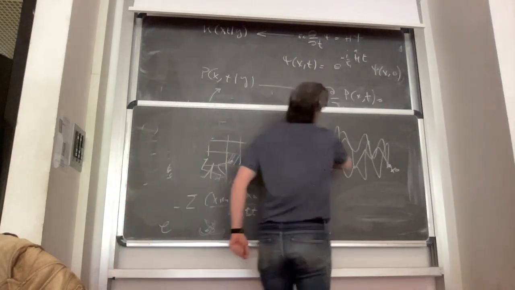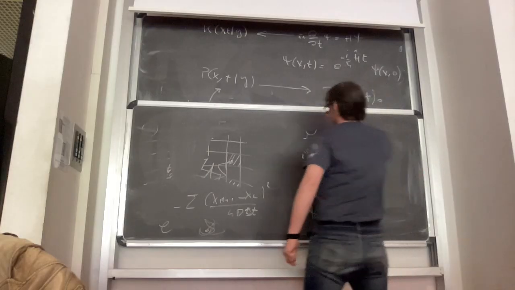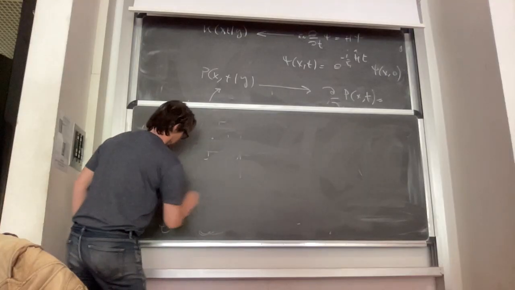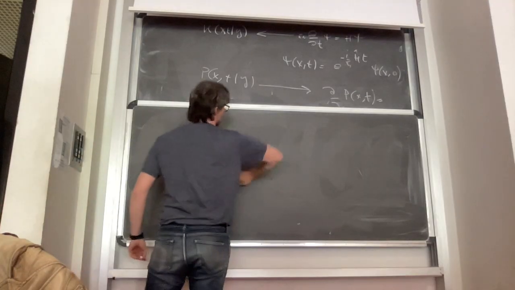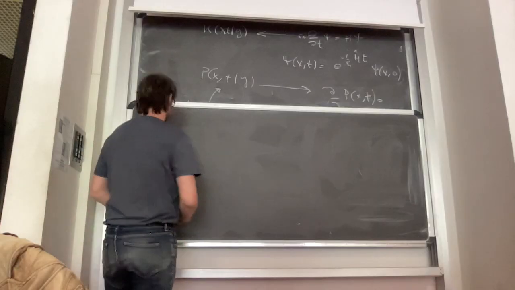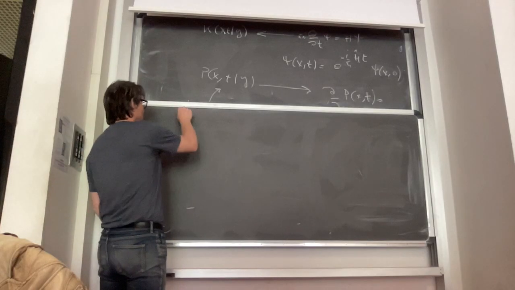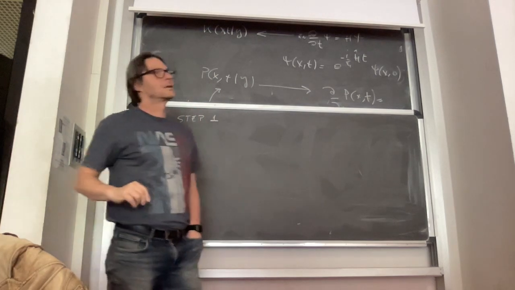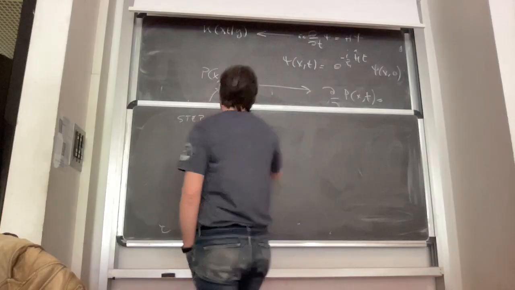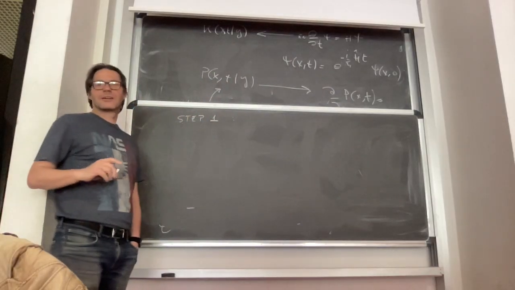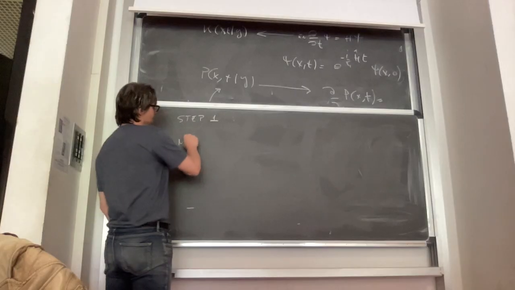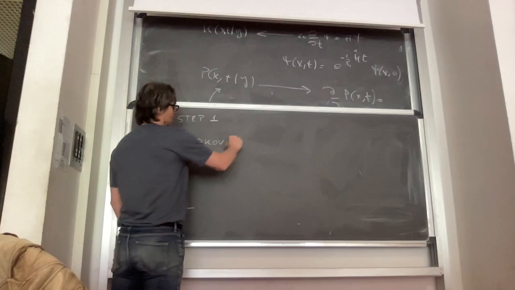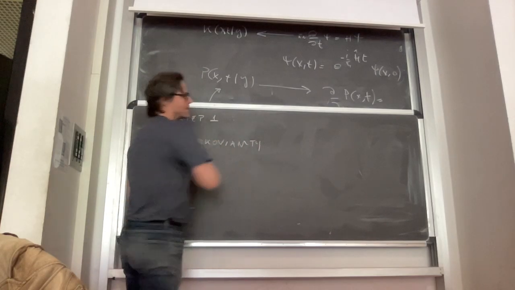Okay, so our goal is to derive the equation for the probability density in configuration space. Step one is the following equation, which follows from noting that the dynamics is Markovian.